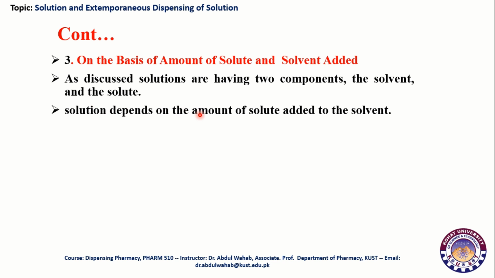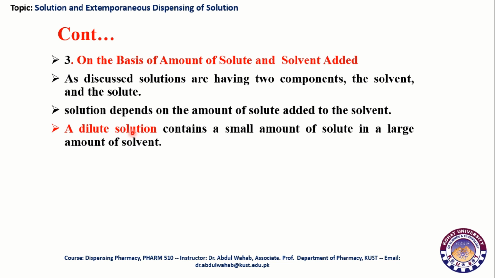Solution type depends on the amount of solute added to the solvent. A dilute solution contains a small amount of solute in a large amount of solvent. In case of a dilute solution, the amount of solute will be small and the amount of the solvent will be large.